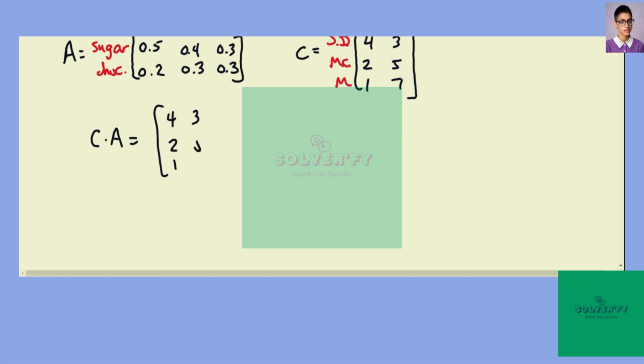So what that gives me, I'm going to recopy these. 421, 357 times my A matrix. Okay, so let's take a look at what this means. When I do my matrix multiplication, we go across the rows, down the columns.